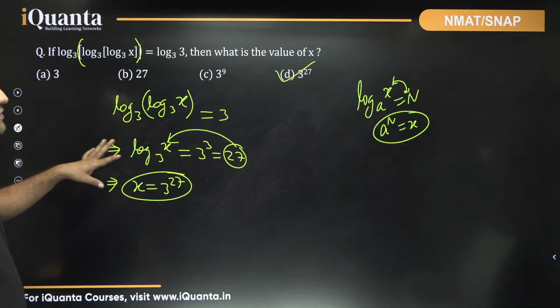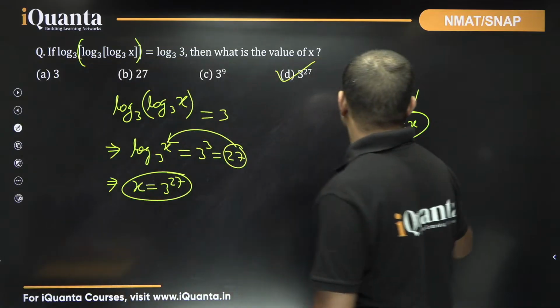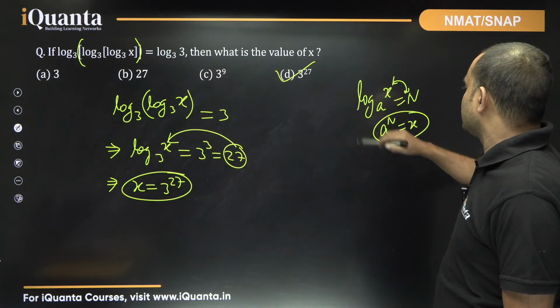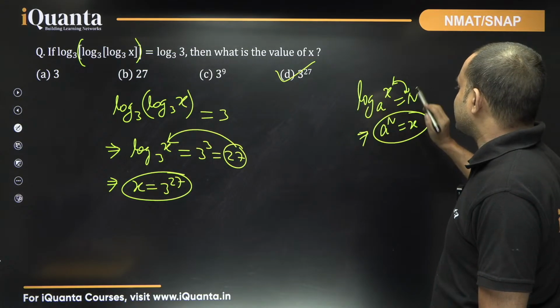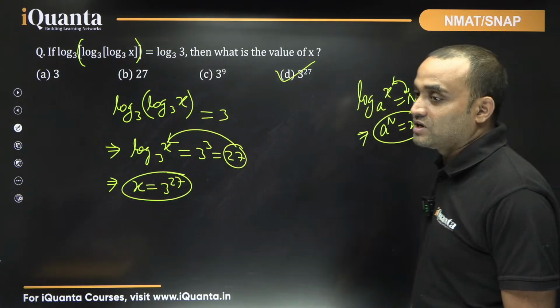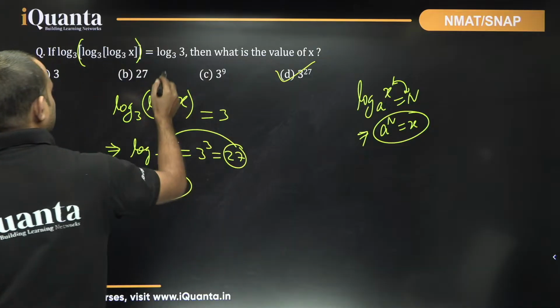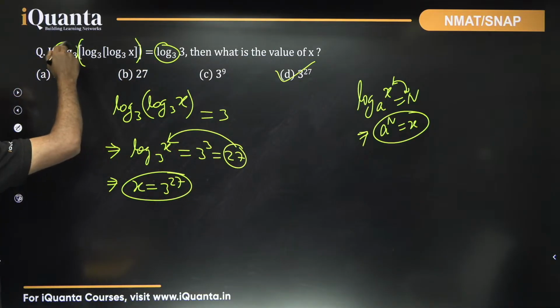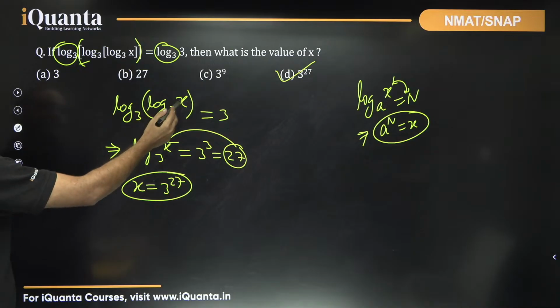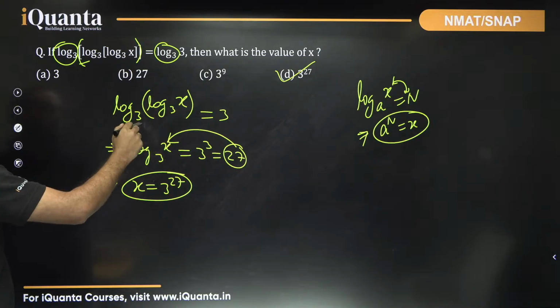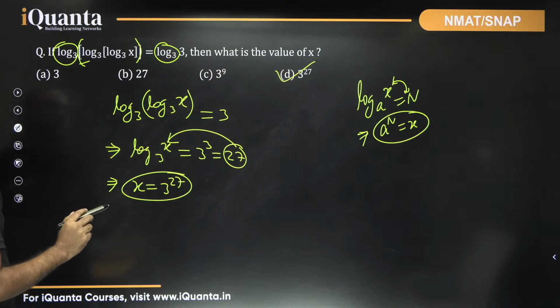Nawab, in previous question, see, is this clear how you remove the log? x to the base a is equal to n, then a to the power n is equal to x. Now you can see log 3 is the base, log 3 is the base. So this value will be equal to 3. Log x base 3 to the base 3 is equal to 3.